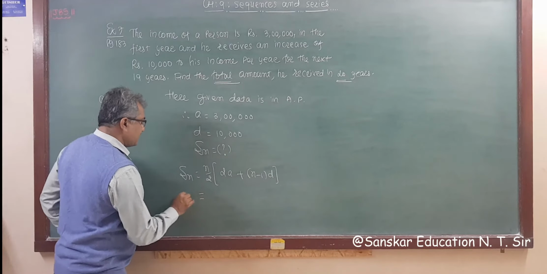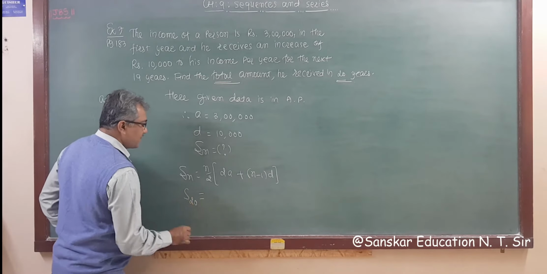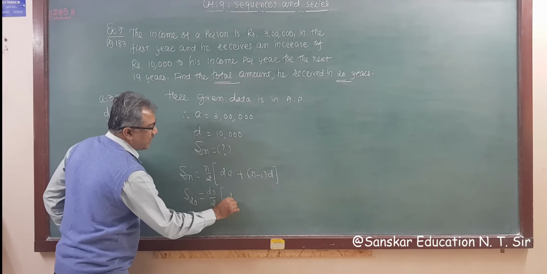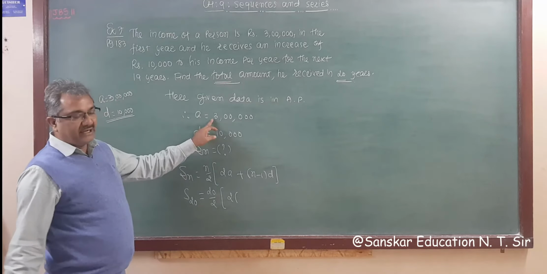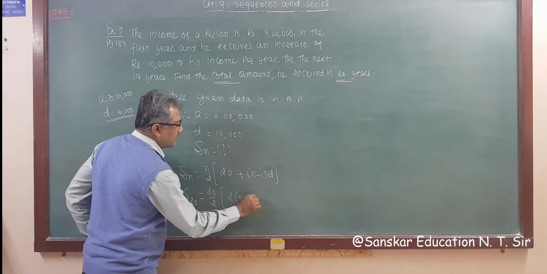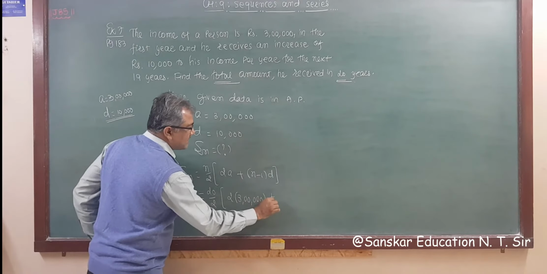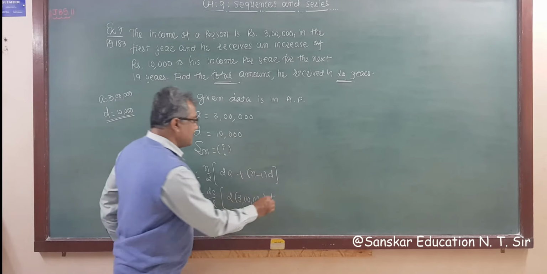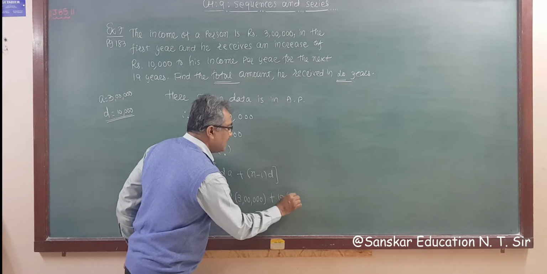So n is 20. So S20 is equal to 20 by 2, 2 times A. A is 3 lakh rupees, so 300,000, plus n minus 1, that is 20 minus 1 is 19, times D. D is 10,000.